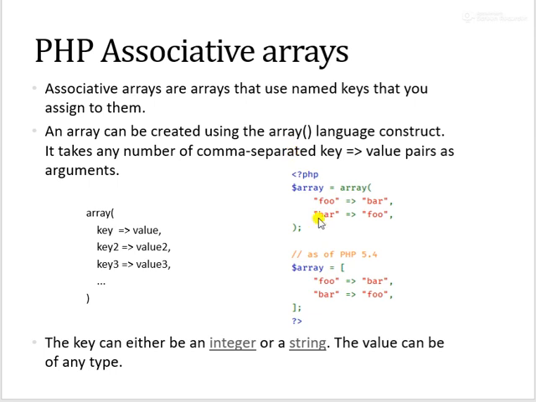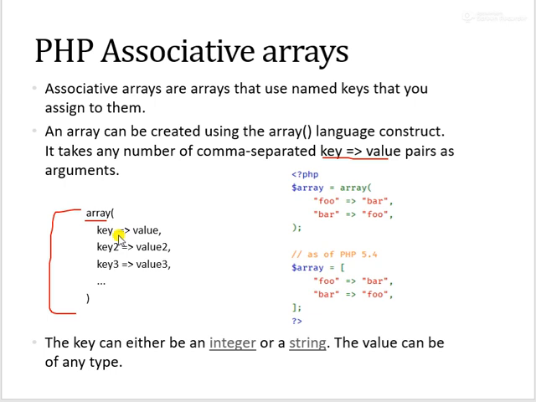We can create an associative array using the same array function, and we can provide to this array function any number of comma separated key value pairs as arguments. In order to create an array, we call this array function, and as input parameters we can provide any number of key value pairs. The key can be an integer or a string, and the value can be of any type.